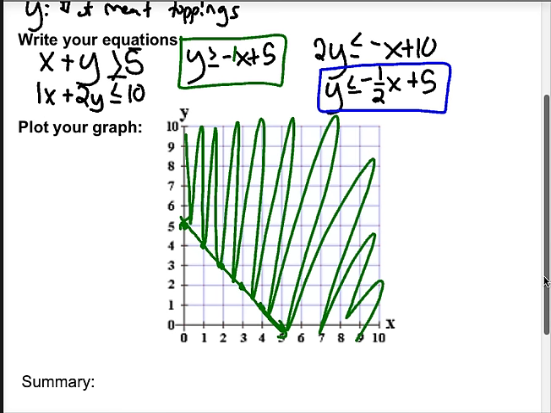For my blue one, it also has a y-intercept at 5, but it has a slope of negative 1/2. So down 1 over 2, down 1 over 2. So I get this as my graph, and I want less than.